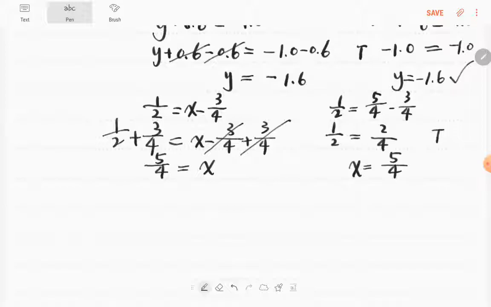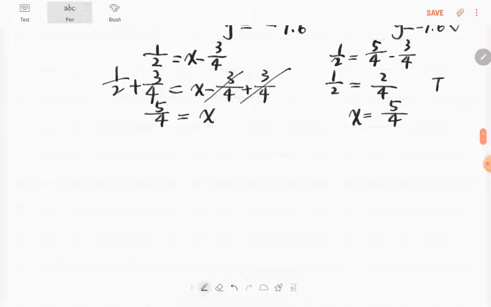Okay, so let's check another one. So another example. This time we have 5t minus 5 equals 6t. So we want to make 1t on one side, right?